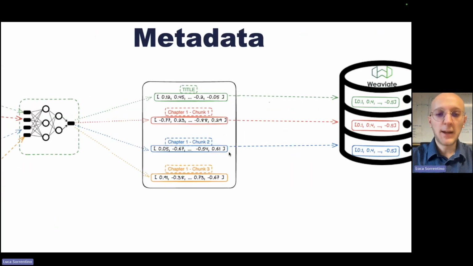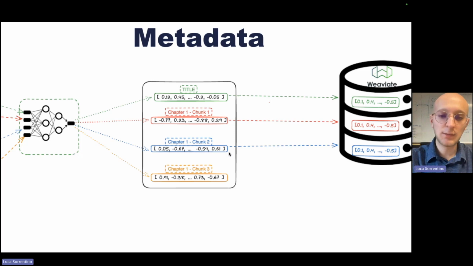Then we will end up with some entities where each entity is a dictionary where the embedding of the text is the key and the associated value is the list of metadata.